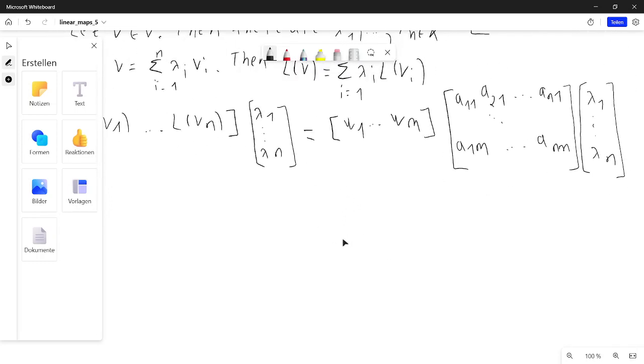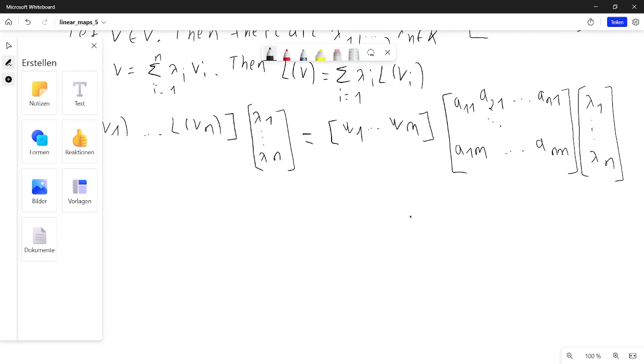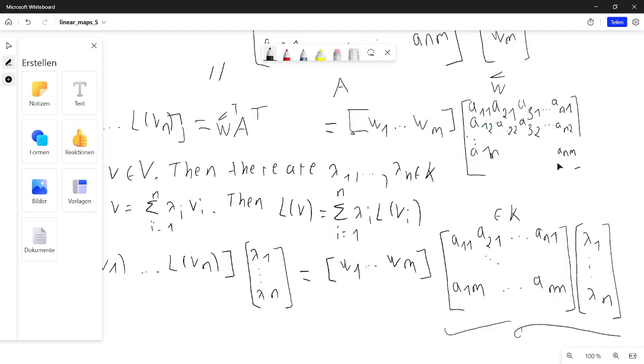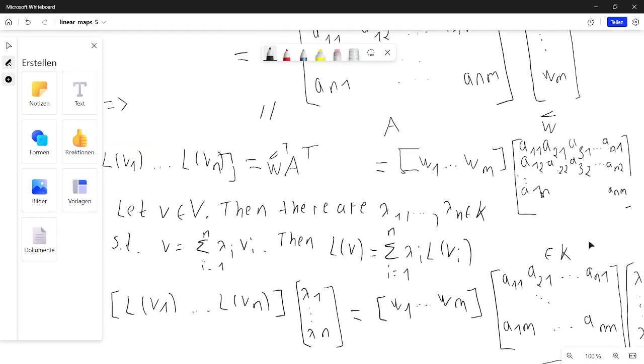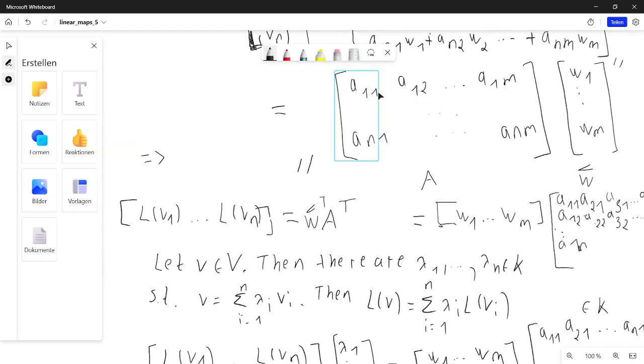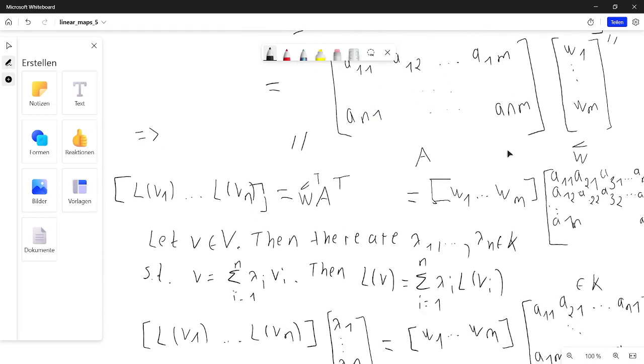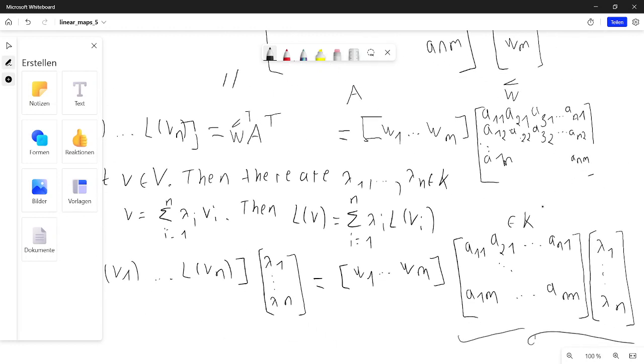And what do we see here? Well, we see the following. Recall that this is now a matrix. Wait, not here, here it had m columns, it had n lines, so before transposing it was in n cross m, n rows, m columns.